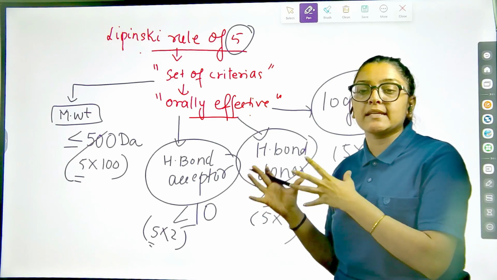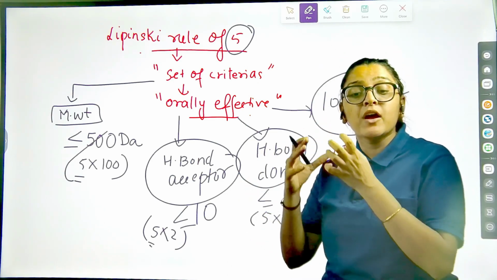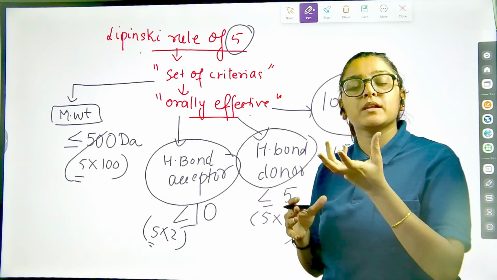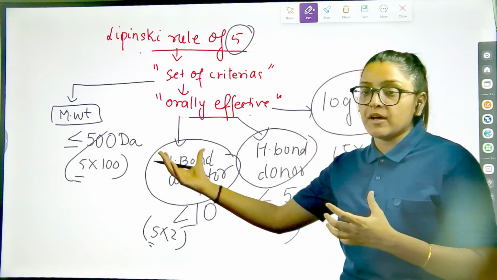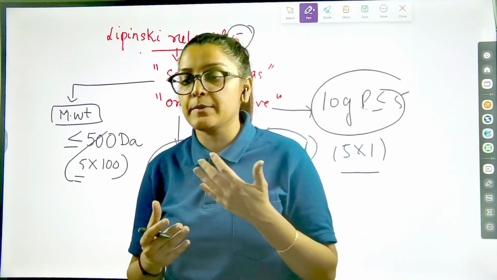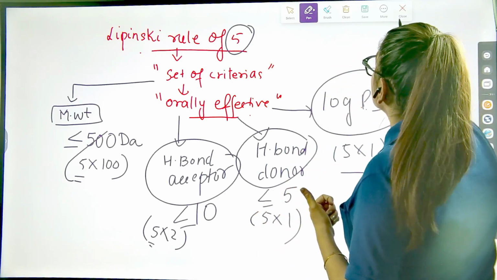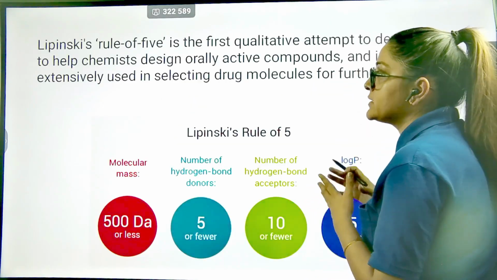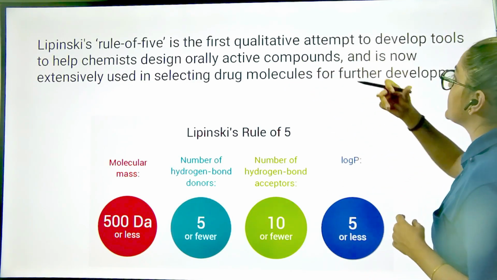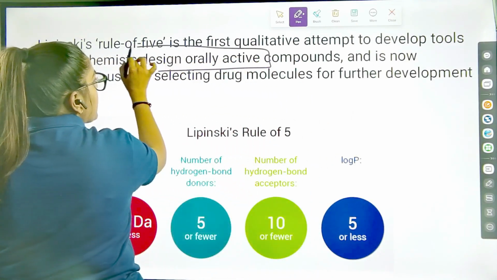So these criteria will give you an idea of the drug compound, a qualitative guide to design an orally deliverable compound or not. So any violation of the criteria, we say the compound violates the Lipinski rule of 5. That is why it is not orally deliverable. So we have seen the Lipinski rule of 5 gives a qualitative attempt to develop the tools which design the orally active drug compound.